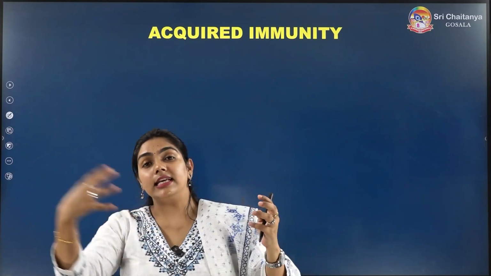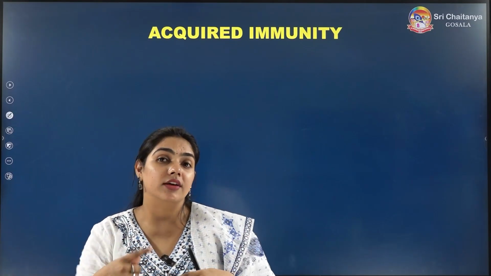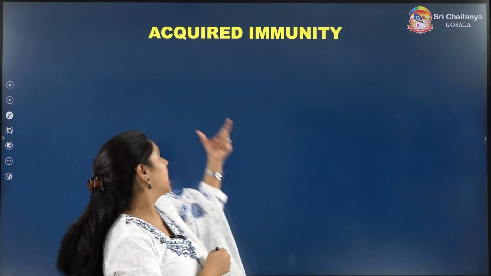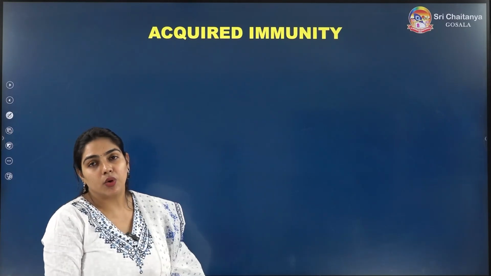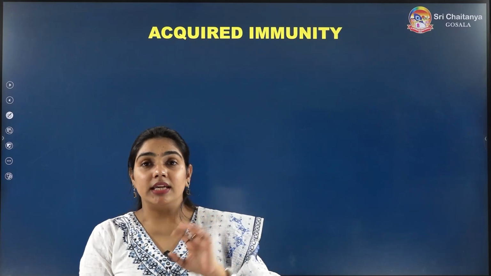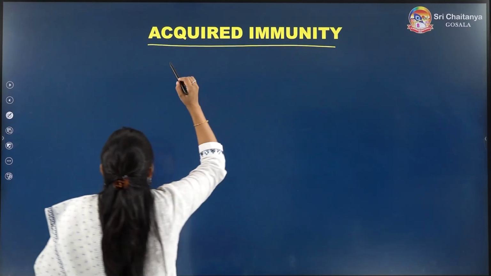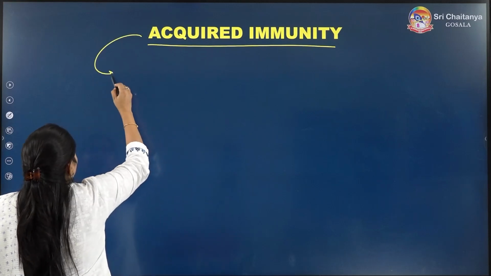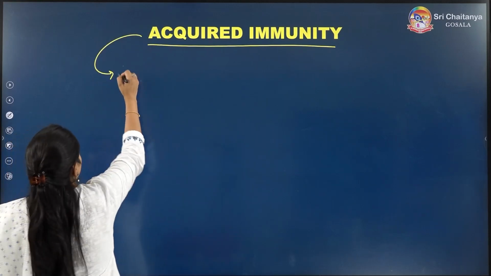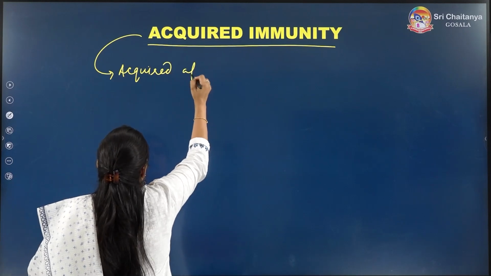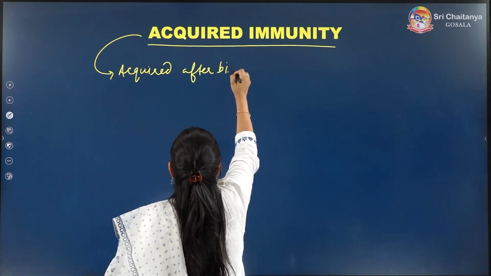So when these pathogens come into our body, we develop resistance against them, and that is acquired immunity. It is acquired after birth.